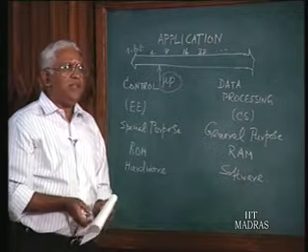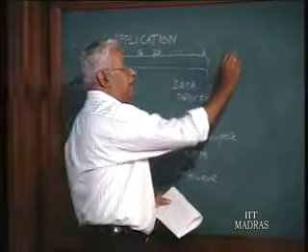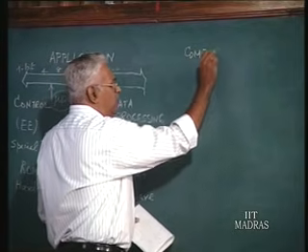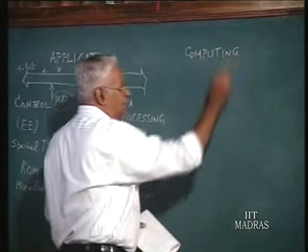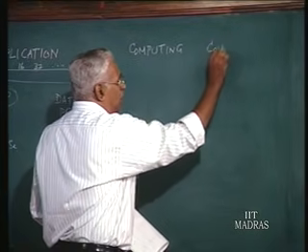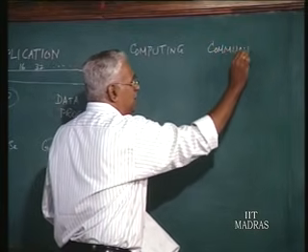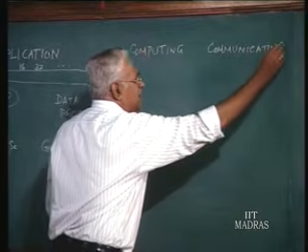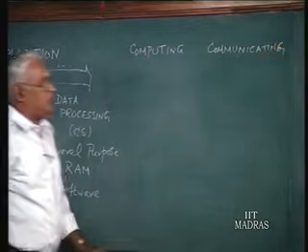Now, right at the beginning I was telling something like, apart from computing there is another thing, that is communicating. I will touch upon this point a little later, because suddenly it came to my mind that there is something else I need to talk about.